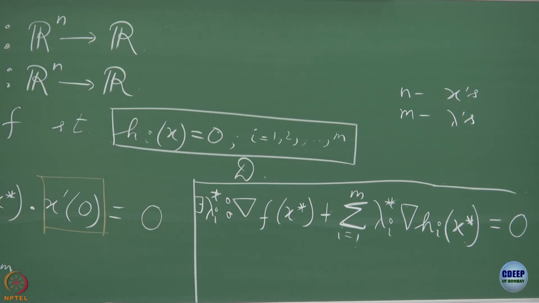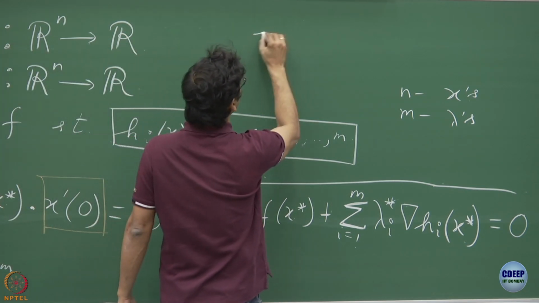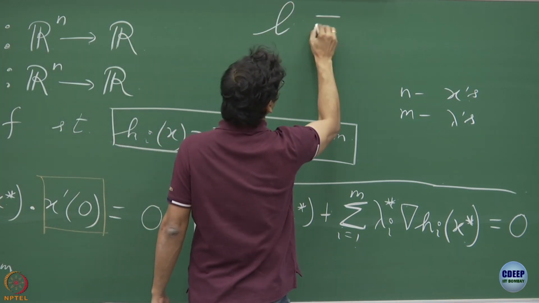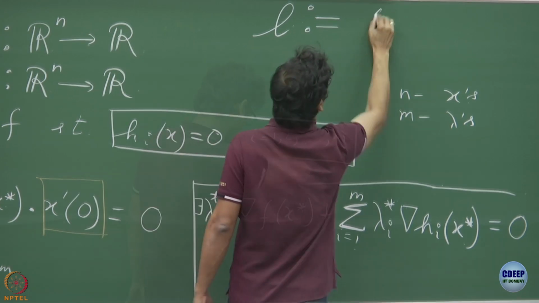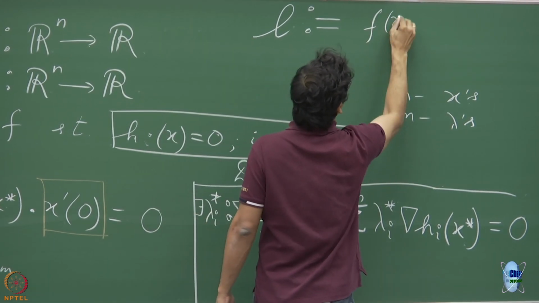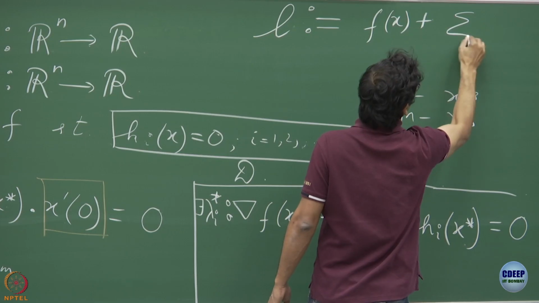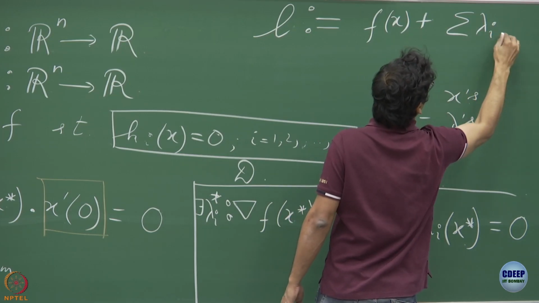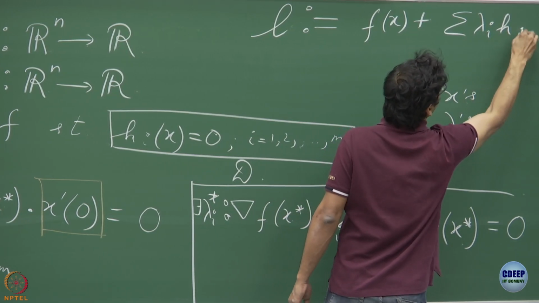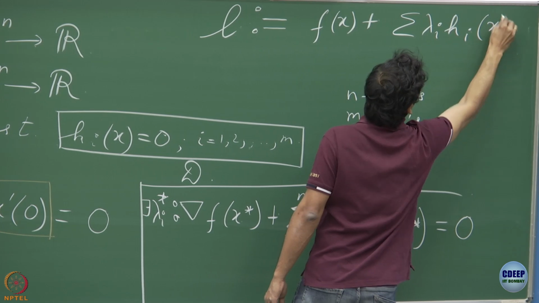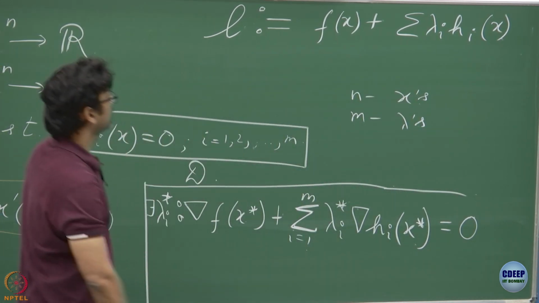So you can think of this as if you define this L as f of x plus summation lambda i h i x, right?